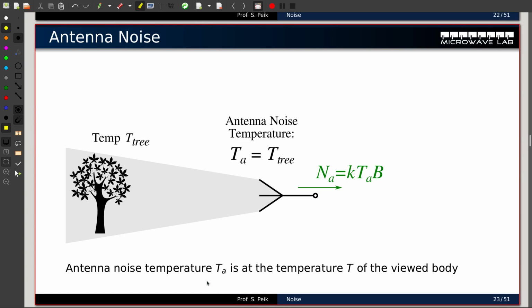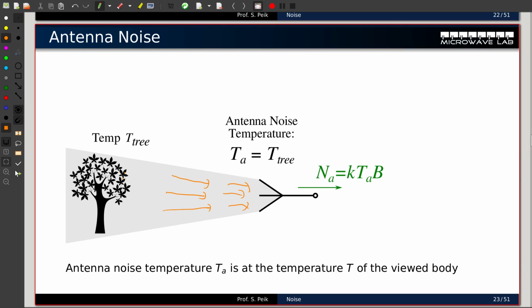Now, what does it mean for a system having an antenna? When you have an antenna, it's extremely simple because the antenna picks up the noise from its surroundings, and you have electromagnetic waves coming into the antenna. Where do the electromagnetic waves come from? Well, they come from any object the antenna is facing, for example, that tree.